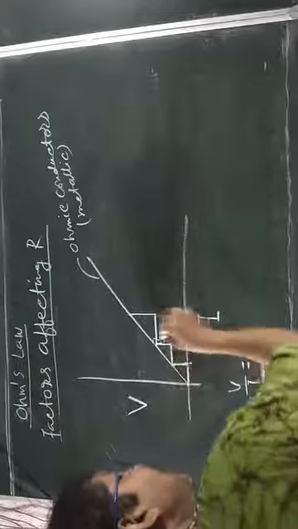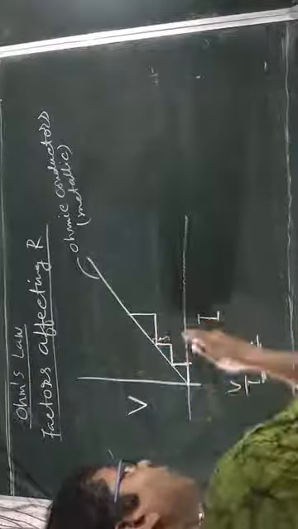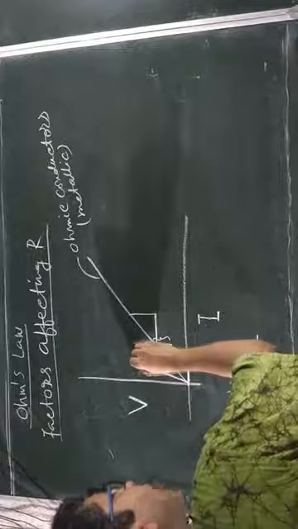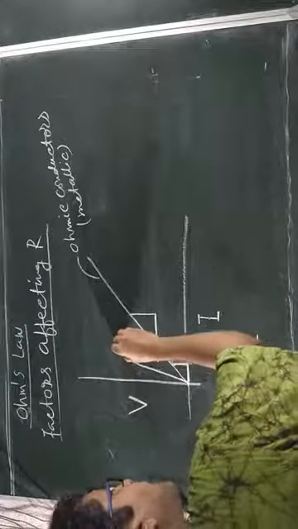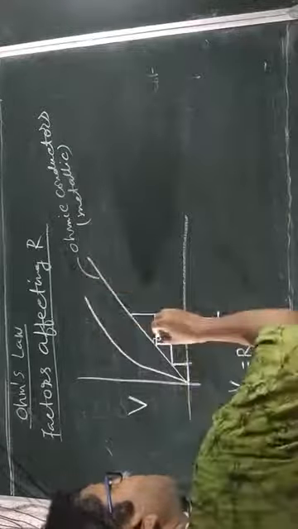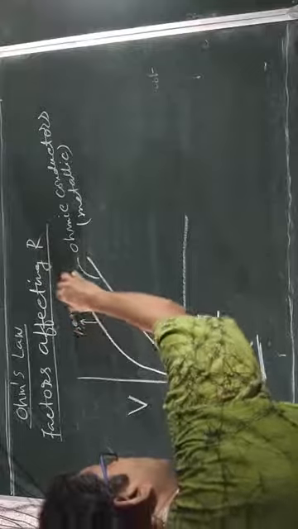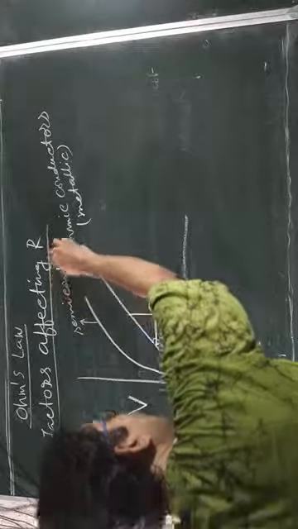So the value of the y-axis is very high, but the value of the x-axis is very low. That means the graph is like this. But after that, it starts moving this way. Semiconductors.